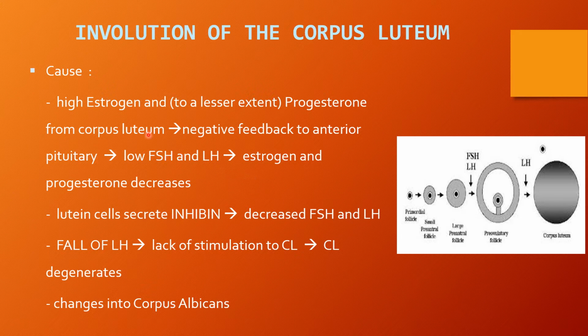Thus, with low levels of these two hormones, estrogen and progesterone production decreases. And in such case, lutein cells also secrete your inhibin, which will further decrease your FSH and LH. And the fall of your LH will cause the lack of stimulation of your corpus luteum, and later on your corpus luteum will degenerate, and your corpus luteum now becomes your corpus albicans.